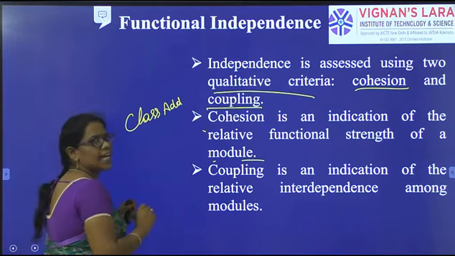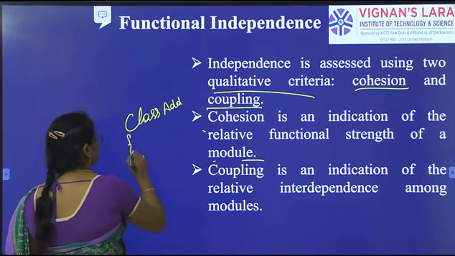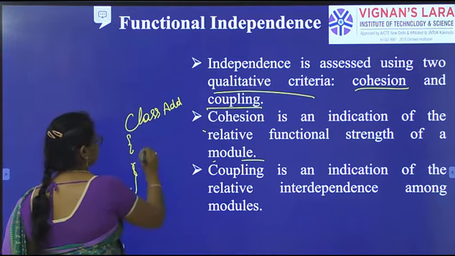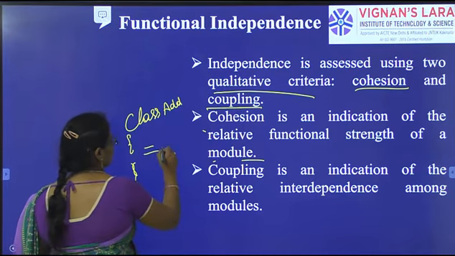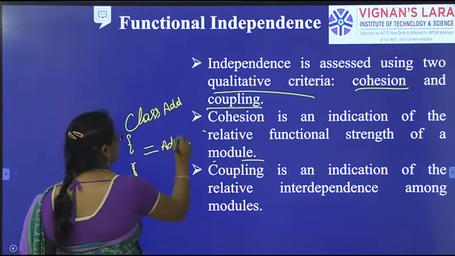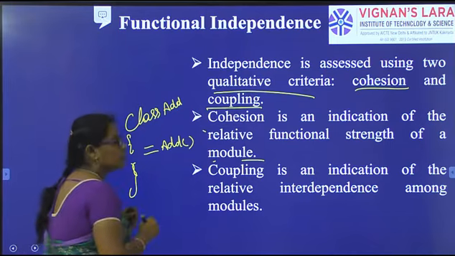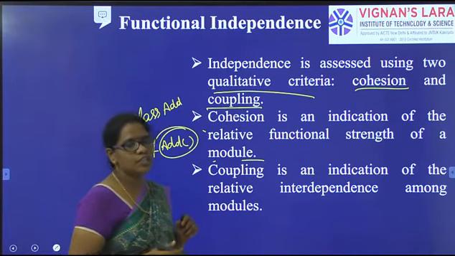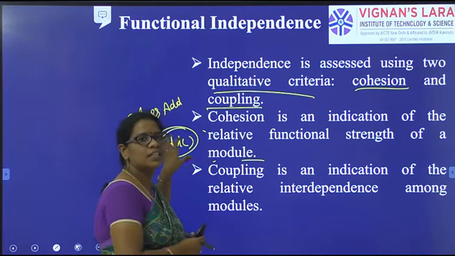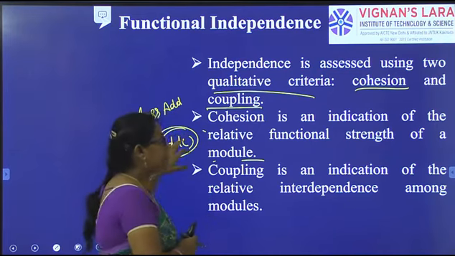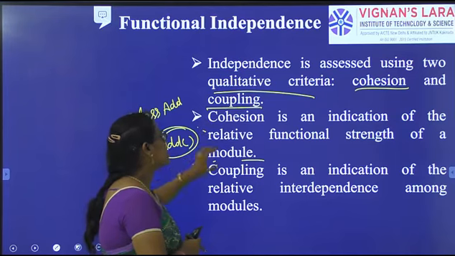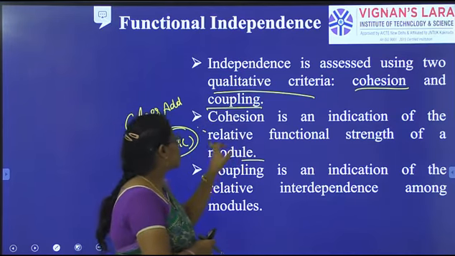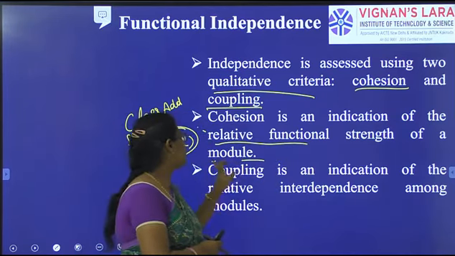This is one class. In the class, you will write some logic with some function. Add is one function. This add function plays an important role because the whole logic will be placed in this add function. Similarly, cohesion is an indication of the relative functional strength of your module.